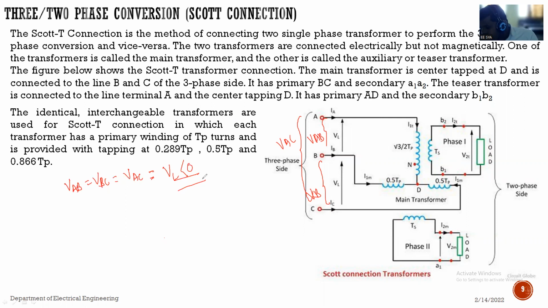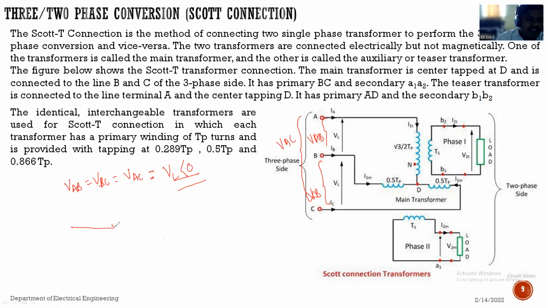Okay, see, if we want to draw the phasor diagram, if we consider the B phase as the reference phasor, and draw the phasor diagram, it will be like this.